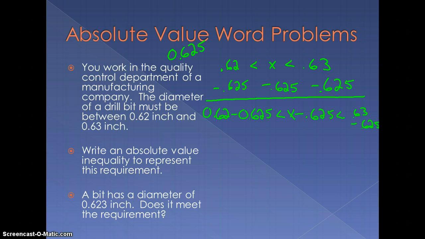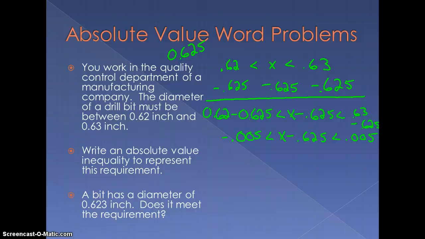This simplifies so the left side becomes negative 0.005, less than x minus 0.625, less than positive 0.005. Now we have this between a negative and a positive. They're the same thing.